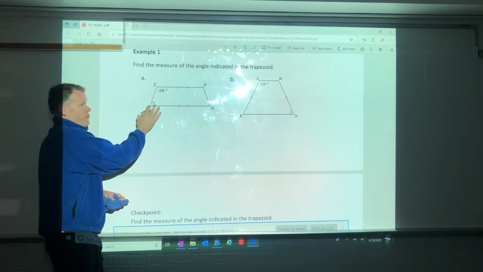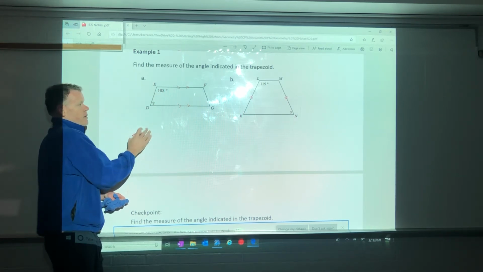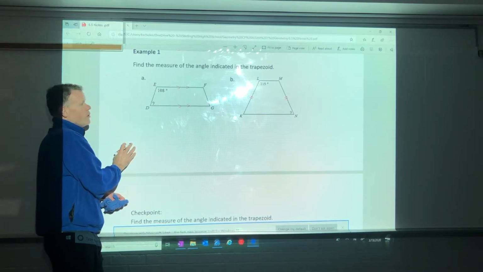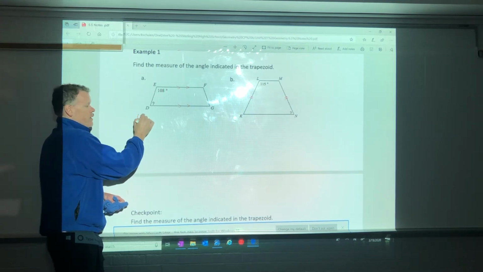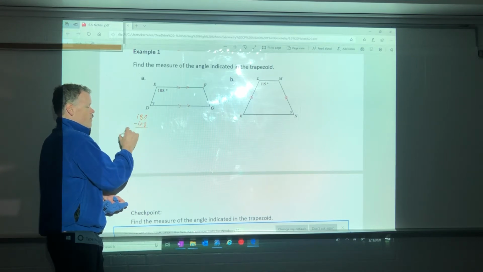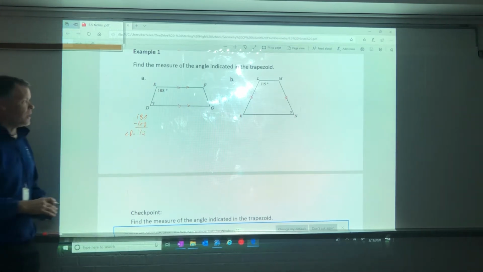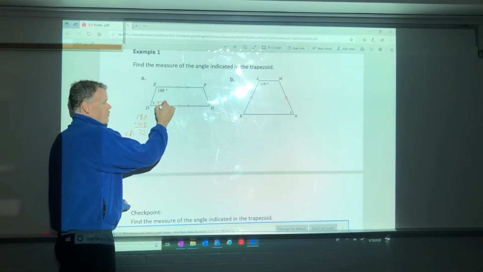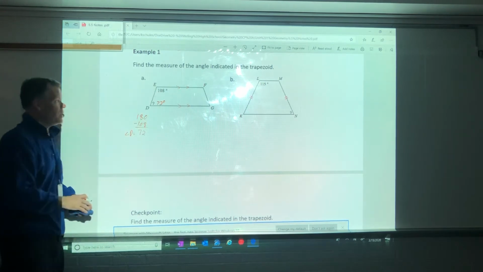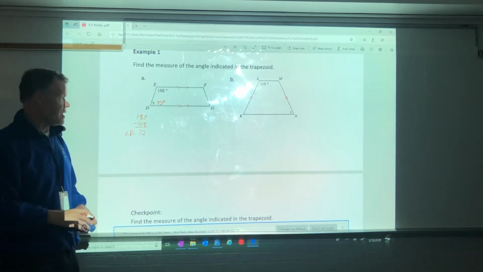So they're going to be supplementary. That means angle D has to add up with 108 to give you 180. So D and E you have to add together to give you 180. Or we could just say 180 minus 108 is what angle D is equal to. And that would be 72 degrees. Because again, these two angles have to add up to 180.